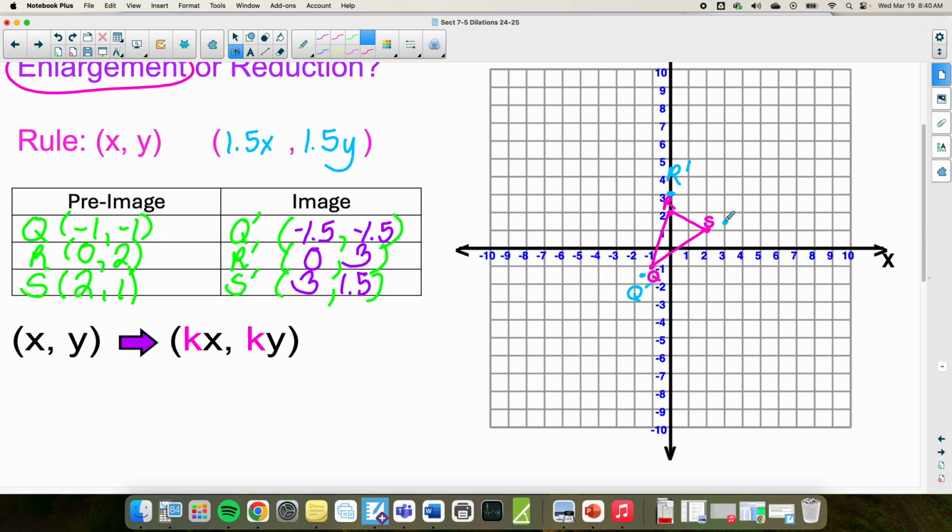That is my S prime. Okay? So now, if I connect those dots, okay, it's going to look something like that. Is that what yours looked like?